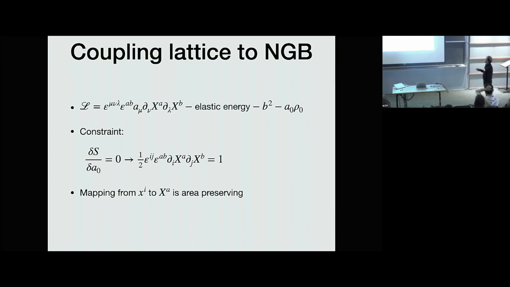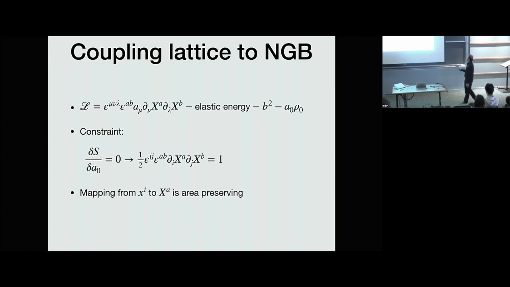And then we have to write down the elastic energy of the solid. And then there would be a term like B squared, where B is the density of the superfluid, and so B squared would have information about the compressibility of the superfluid. And then there is a background rho naught that we have to put in here, so that the constraint that appears when you differentiate the action with respect to A0 has this form.